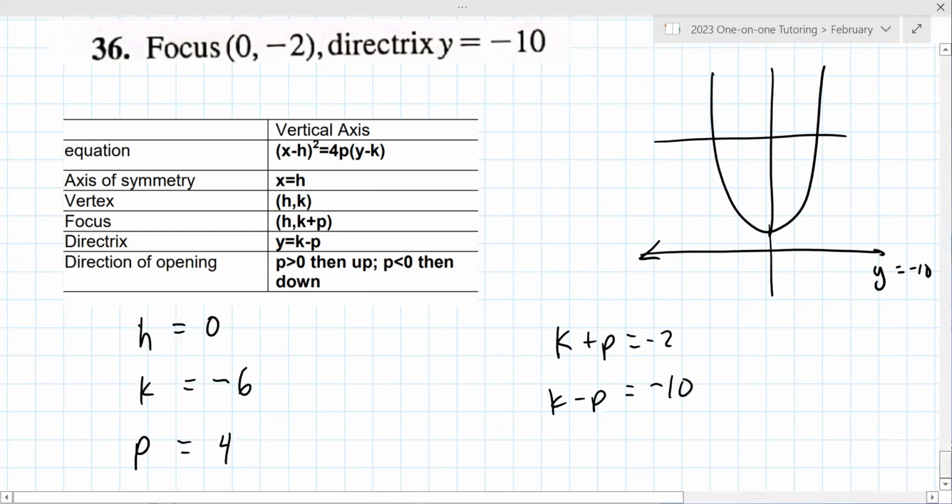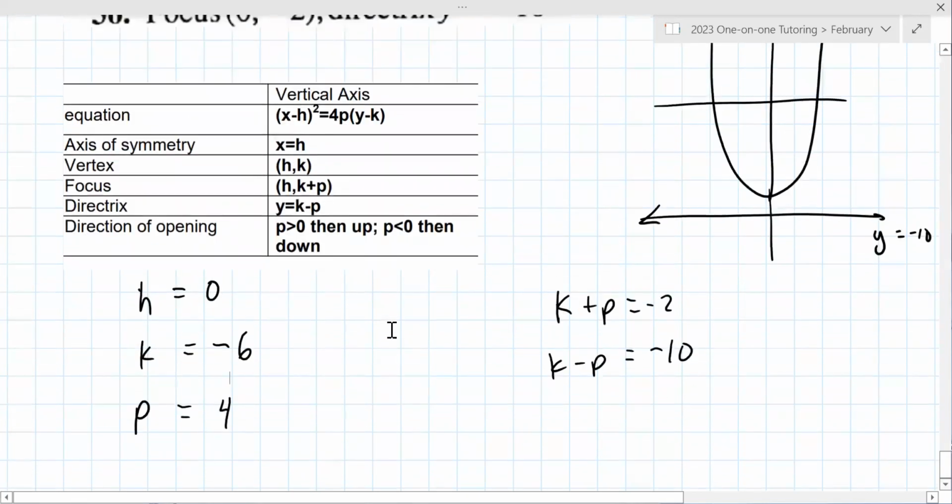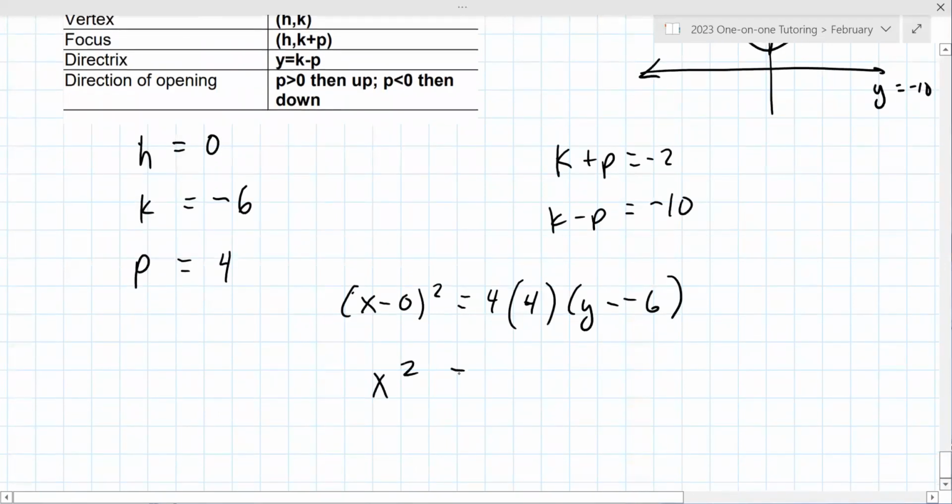Really good. So what you can do from here is write them into the equation. It would be x minus 0 squared equals 4 times 4 times y minus negative 6, like that. So we got x squared equals 16 times y plus 6.